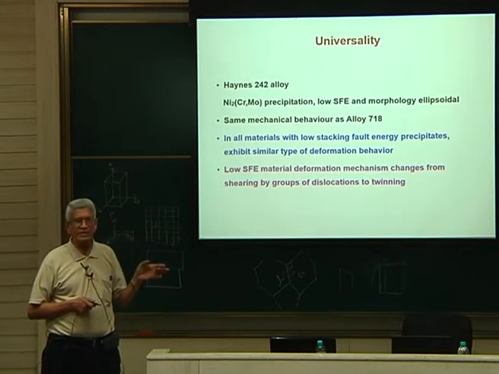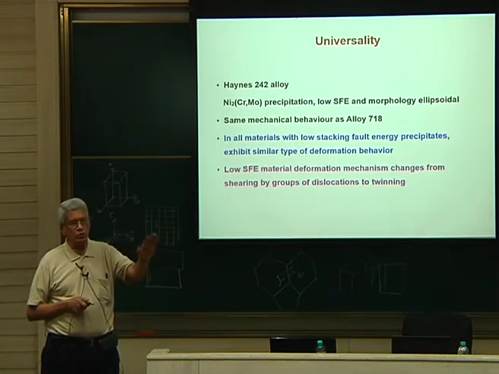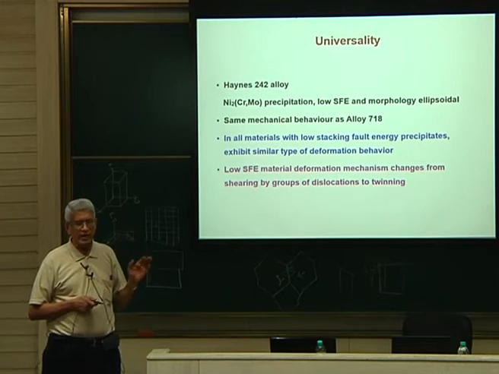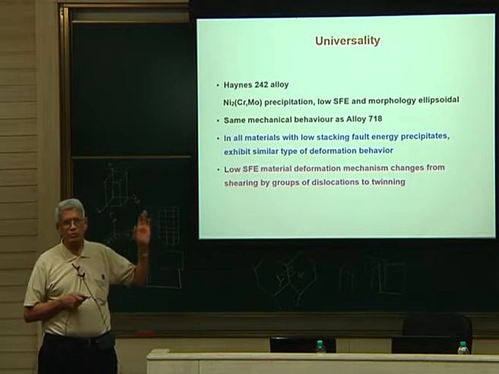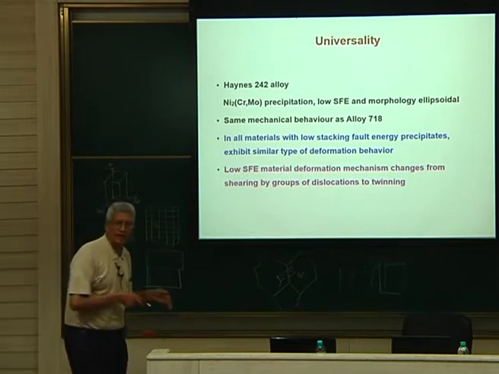If the stacking fault energy is high, essentially the mechanism will change from shearing to looping, and if the stacking fault energy is low, it goes from shearing to twinning. This has been seen in many other alloy systems later.